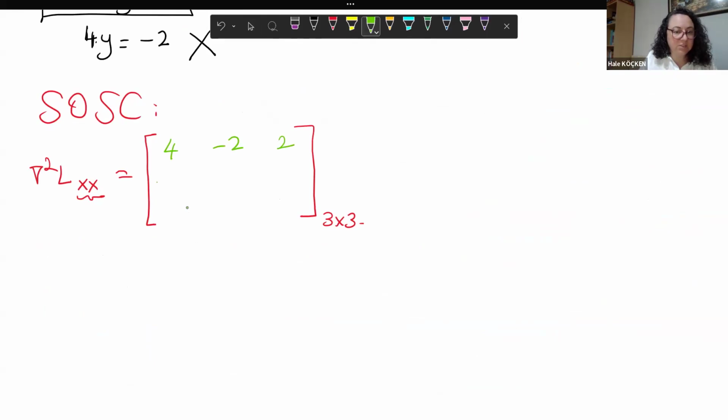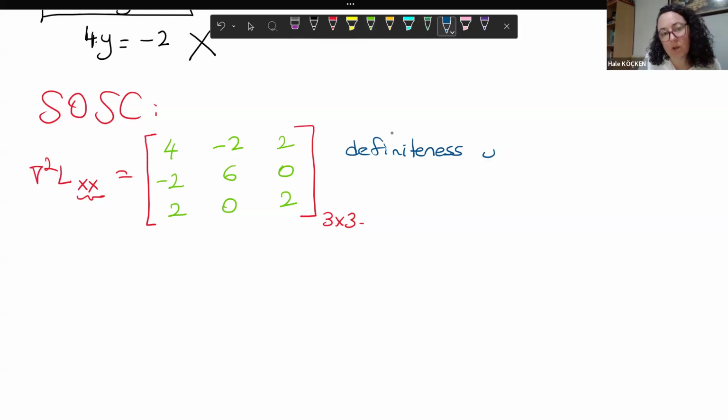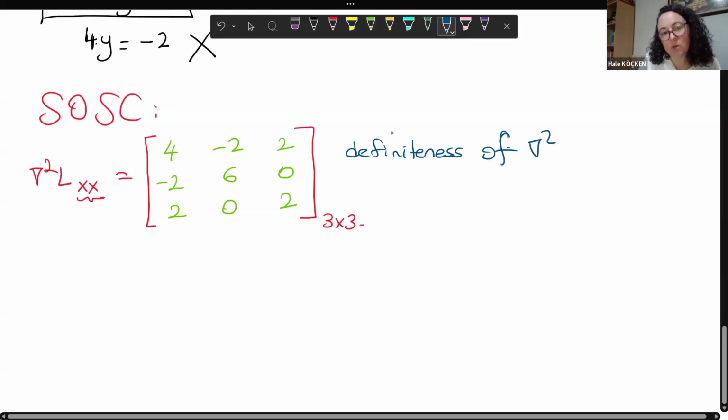The second one, with respect to x, is minus 2. With respect to y, it is 6. It is 0 here. For the final one, it is 2 here. No y. And z, it is 2. Okay? So we need to analyze the definiteness of nabla square Lxx.